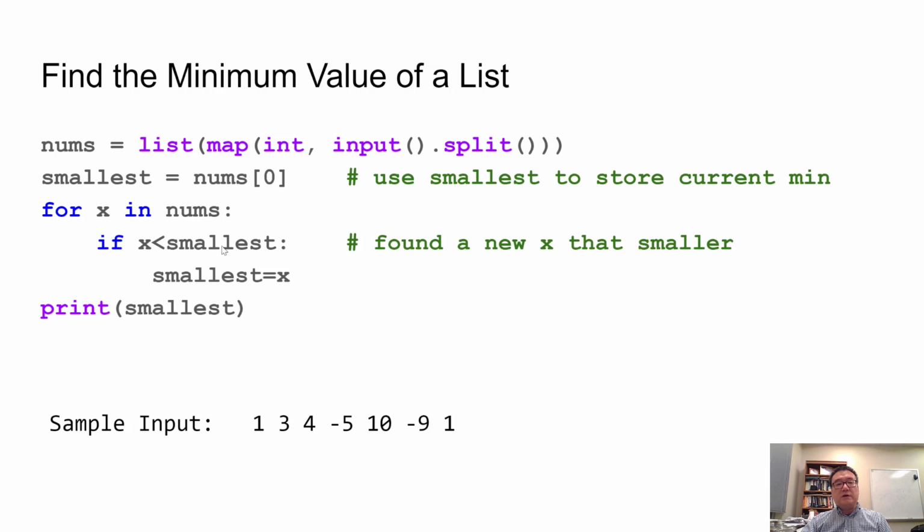So then we will look at the numbers one by one, and sometimes we will update it, sometimes we will not. So I believe this procedural aspect may be hard for beginners to master. Okay, so that's how you find the minimum value.